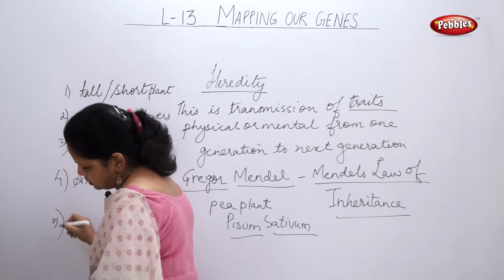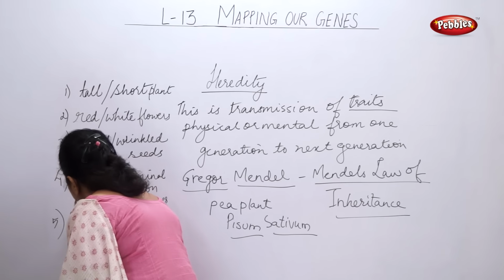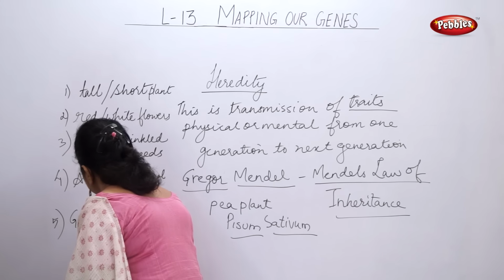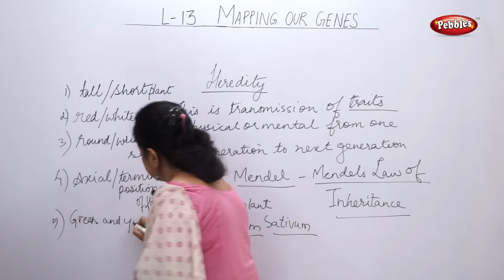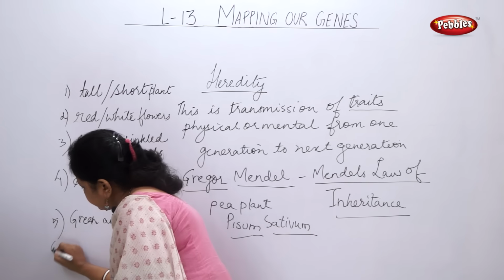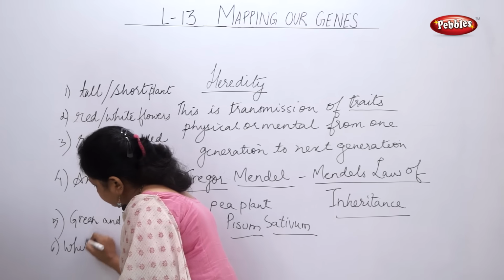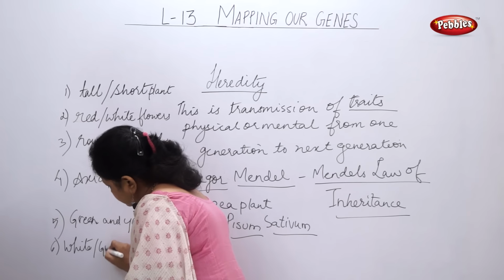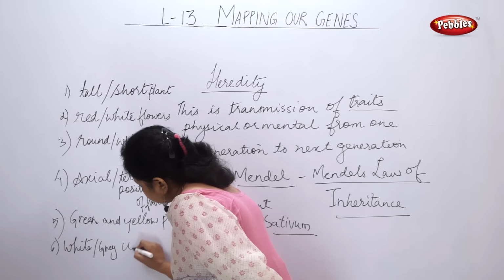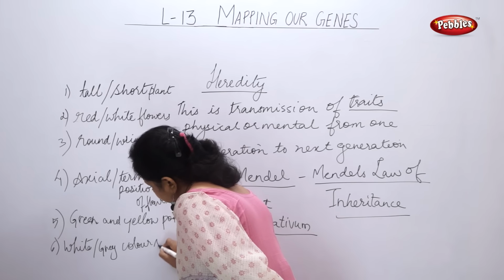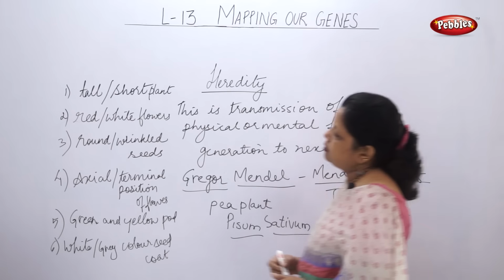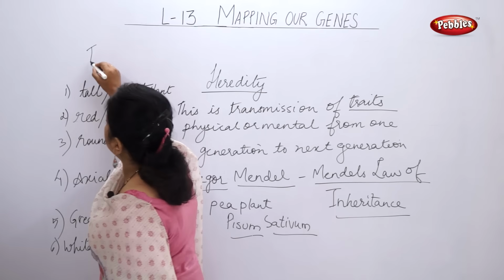Fifth, green and yellow colored pod. Sixth, white or grey color seed coat. These are the traits he considered for his experiments.